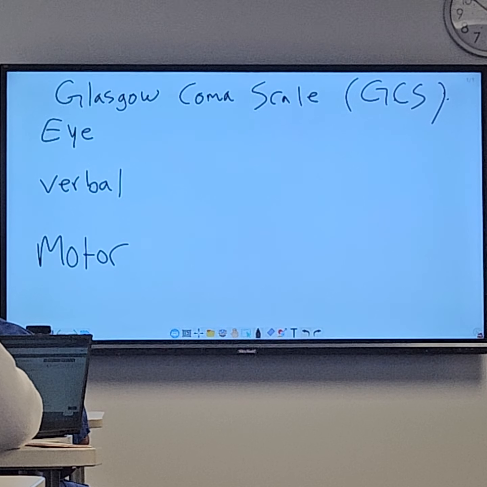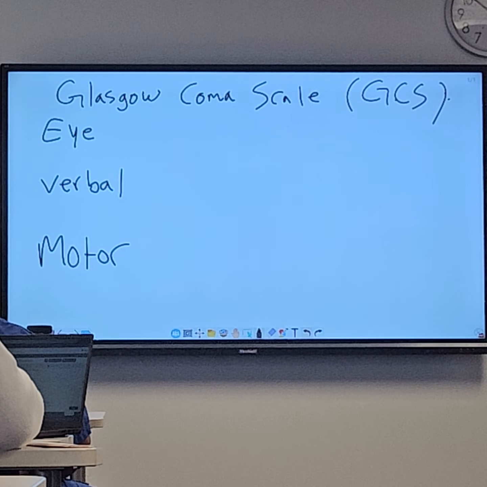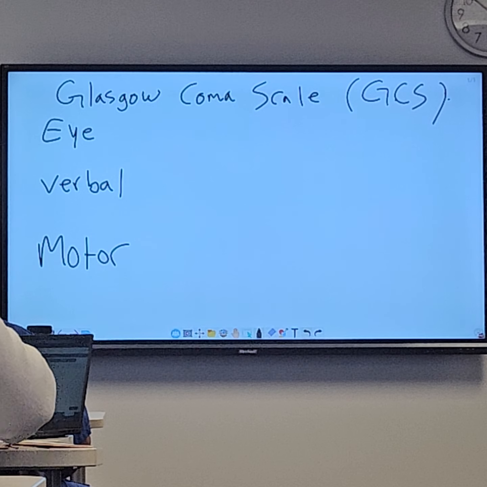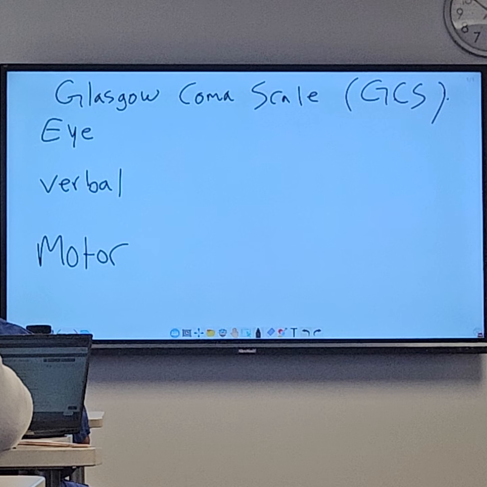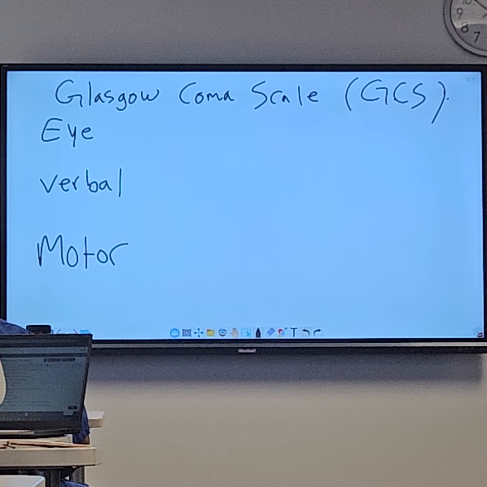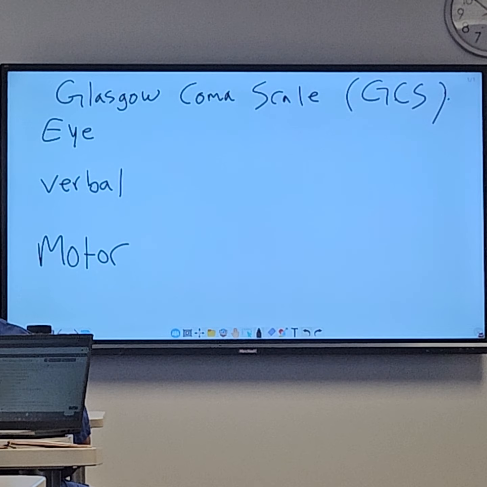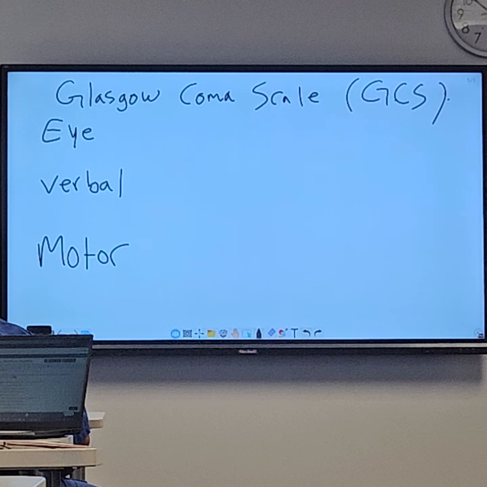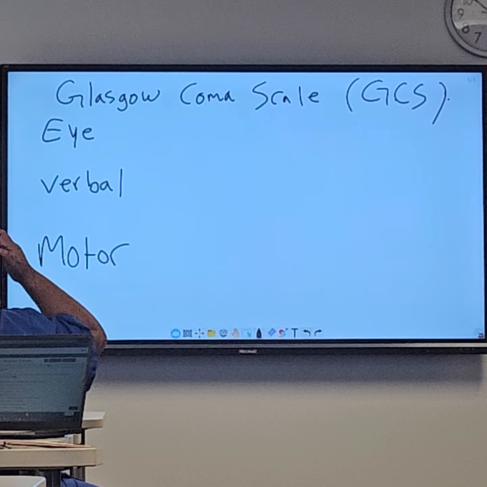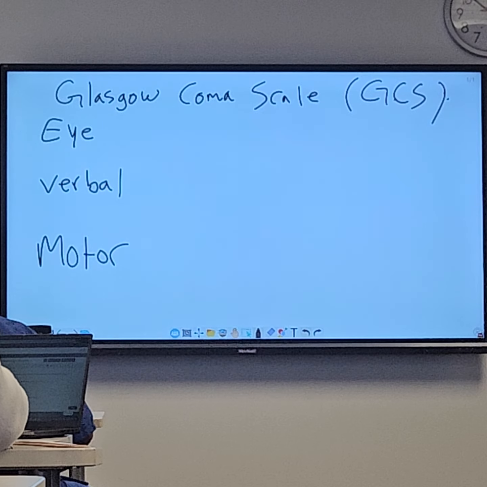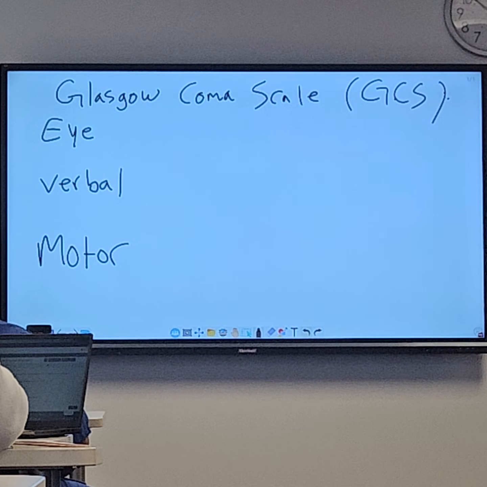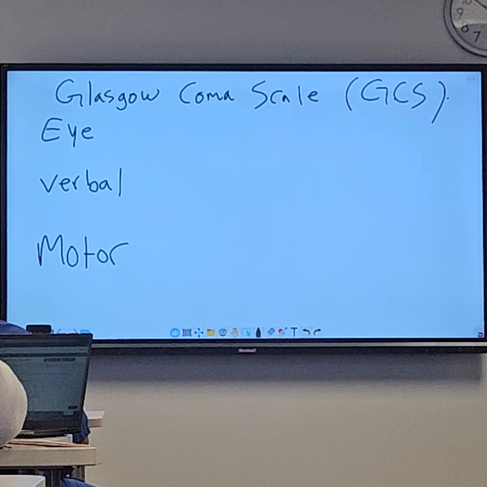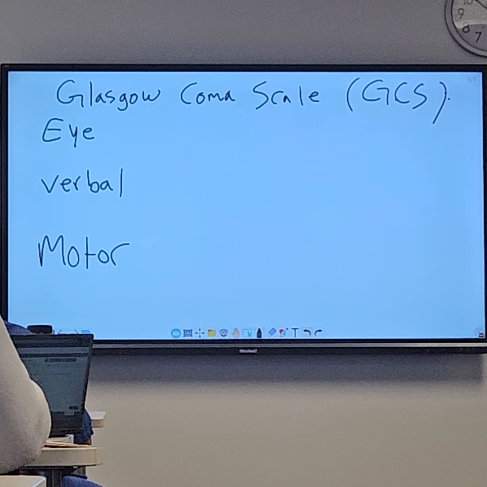It's just random words, not appropriate to the situation. 2, sounds are made, but no word. Mumble, garble, just yelling, or a sound, groan, right? So you hear sound, but it's not a word. Just notice. And then 1, they don't vocalize at all.